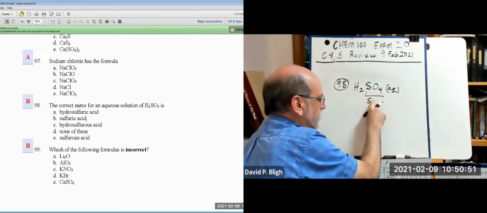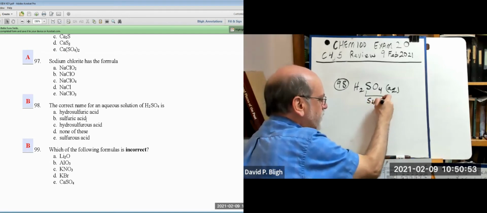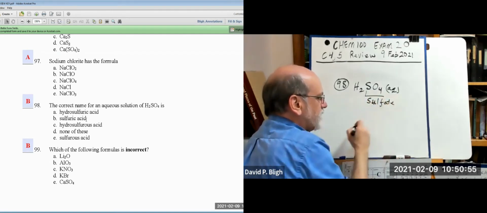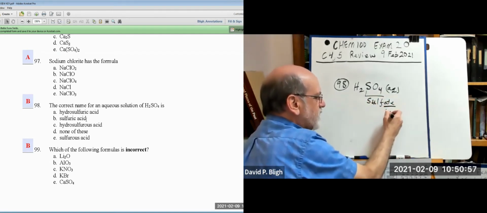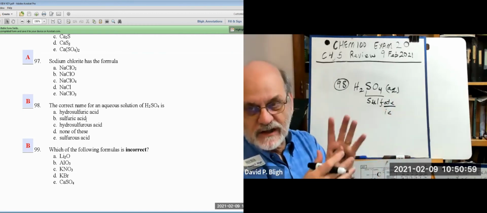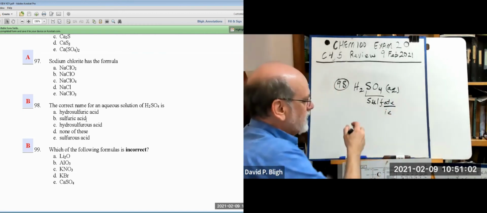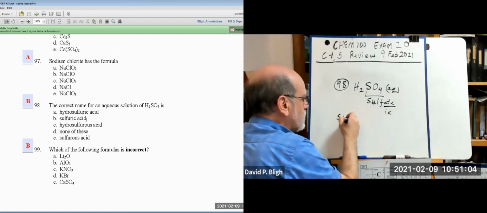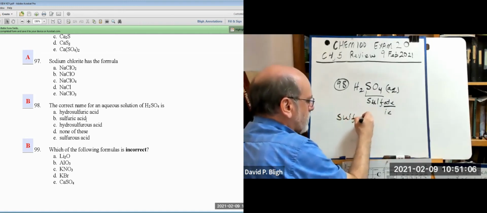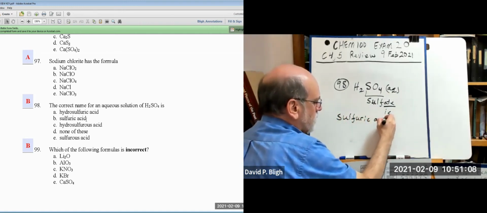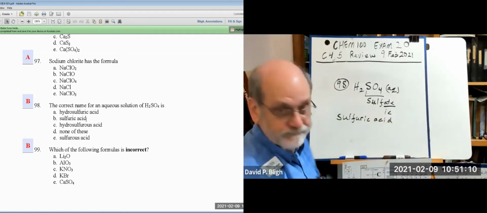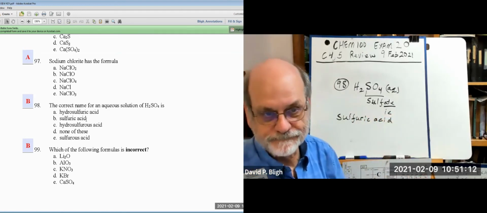That is sulfate. And H become X, only we modify it just a little bit to make it sound better. Instead of sulfic, we say sulfuric acid. And you're done.